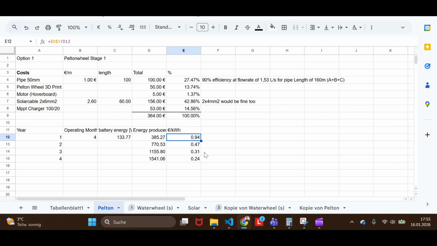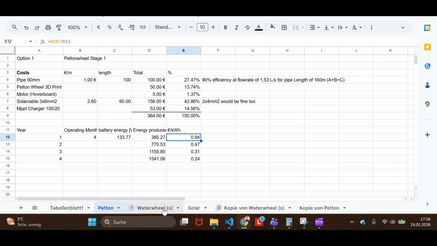With this value, I'm able to compare this option to other options. I might, for example, add the cost for stage 2 right here and see what that costs. And as you can see down here, I also made some estimations for a water wheel down at the river, which would be a totally different concept with its pros and cons.